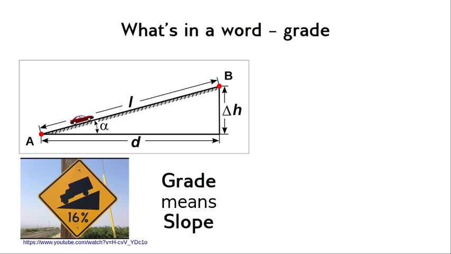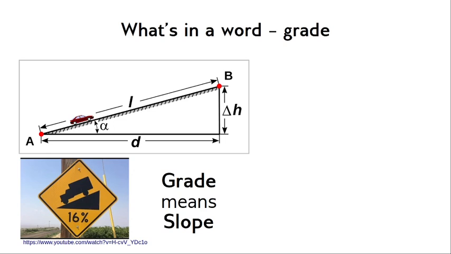So grade just means slope, and so you might have something like in the lower left, that's an extreme example of a steep slope, 16% grade, and that's taken from this YouTube video of a teacher talking about slope and driving down into the Columbia River Valley, and probably in Washington, maybe in Idaho.